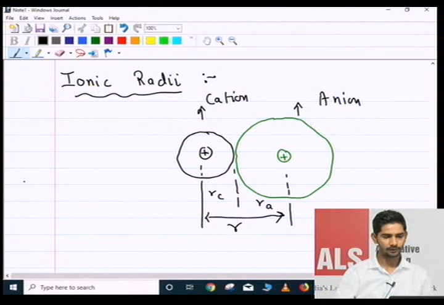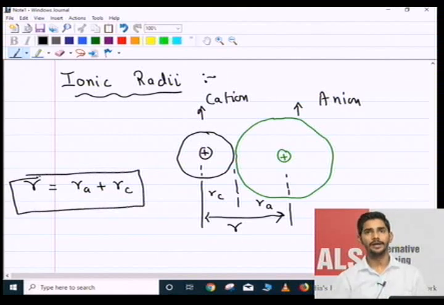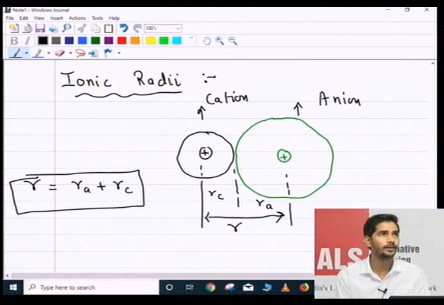So if I talk about the radius of the whole lattice, or the ionic radii, this will be the sum of the radius of cation and the radius of anion. This is the formula for this one.